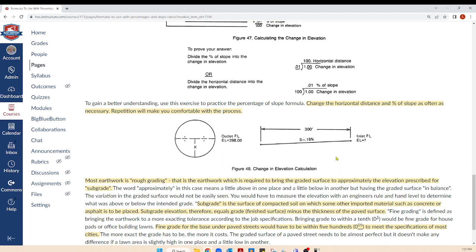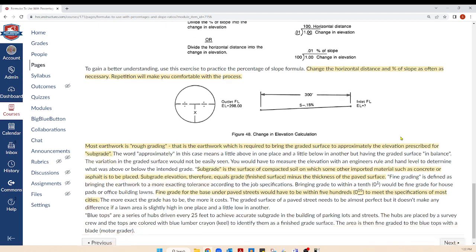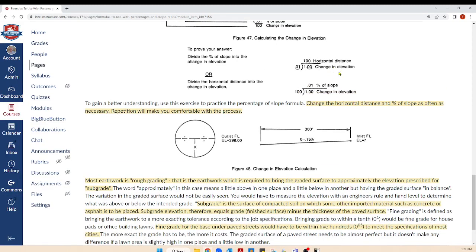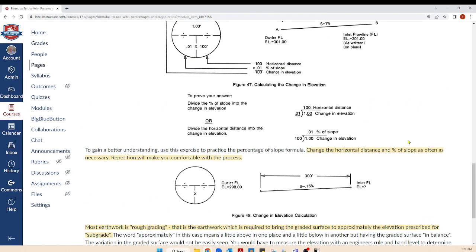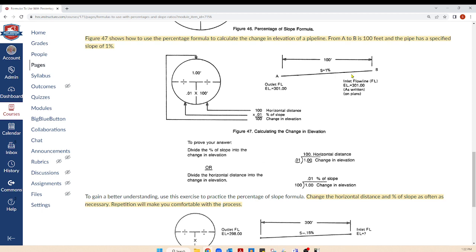That makes sense. So that's the change in elevation. If this is true, then this up here is 298.45. I'll take them to the bank on that. I'm not sure what they did up here, but this is not going to be true. If one of these is higher than the other one, it's just not going to be true.